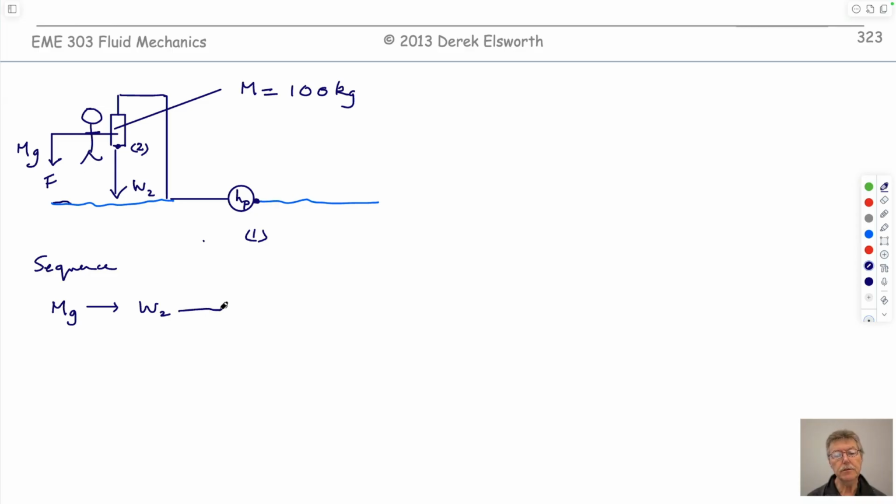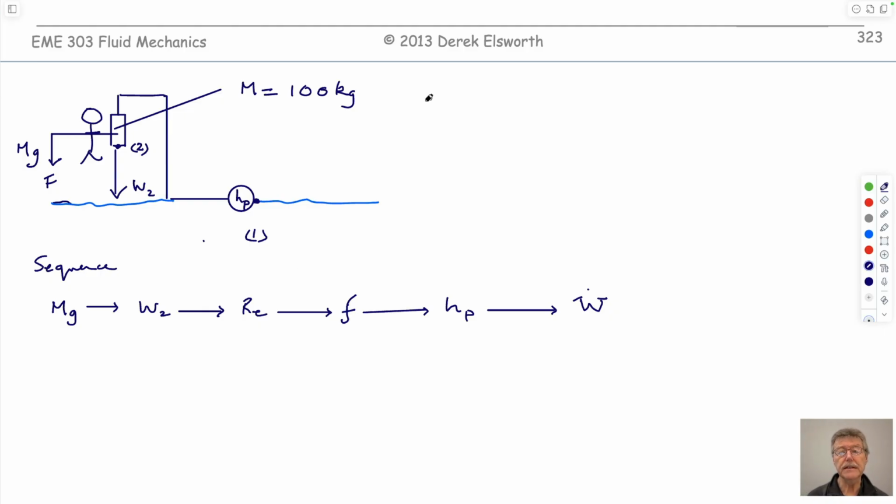If we have W2, we can calculate the Reynolds number. If we know the Reynolds number, we can calculate the friction factor. And if we can calculate the friction factor, we can calculate HP. And if we calculate HP, we can calculate the power in this pump. That's it.